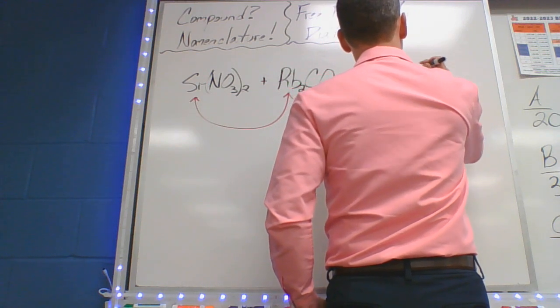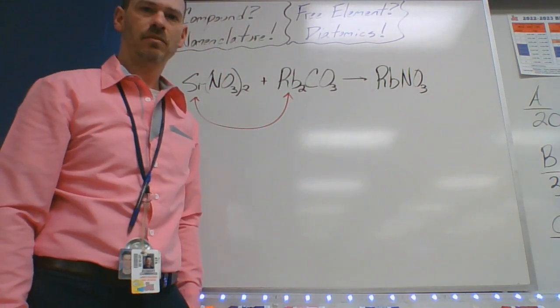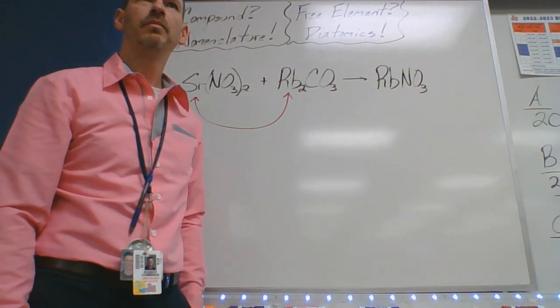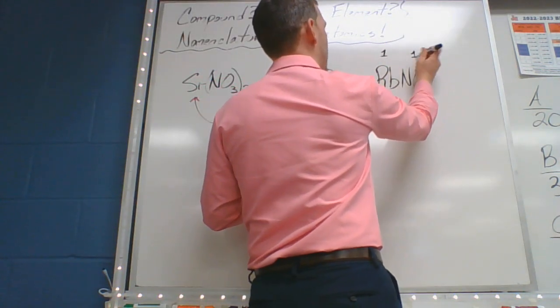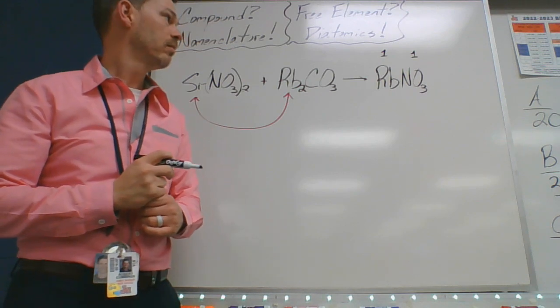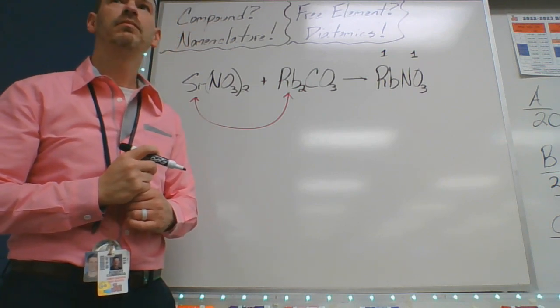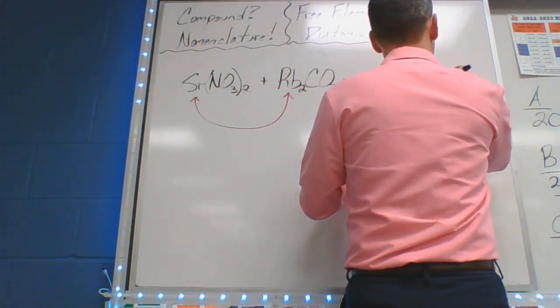Rubidium bonded to nitrate. Rubidium is +1 and nitrate's -1 if you look them up, so there will be no cross. I wrote too big.